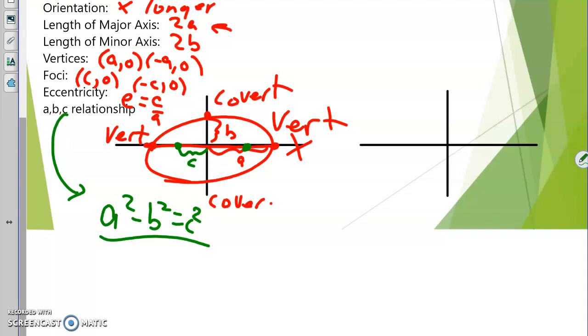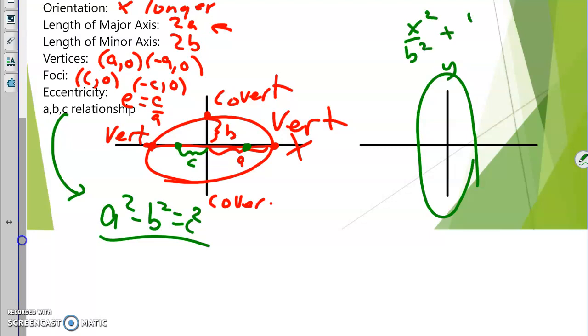Let's go over here and draw an ellipse that's more of that direction. In this one, our y-axis is the longer axis. So our general form of this one would look like this. Notice that the A, again, is under the longer axis.